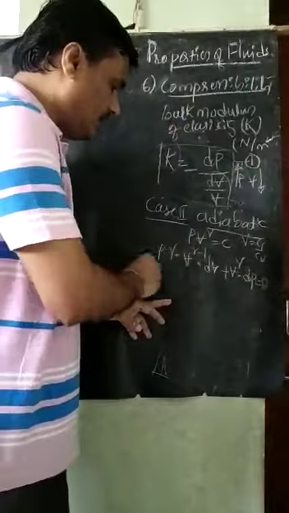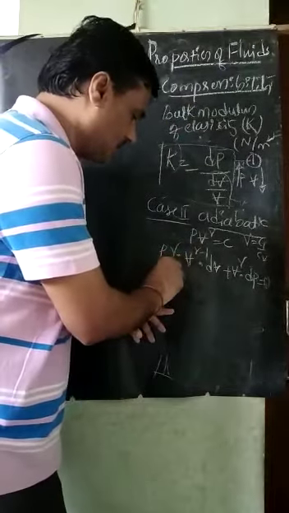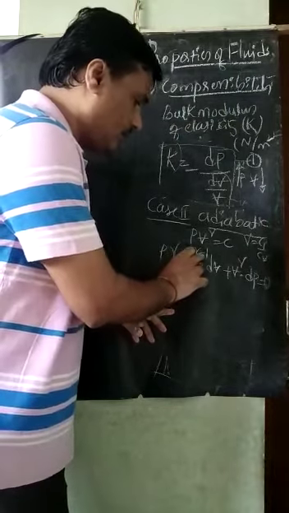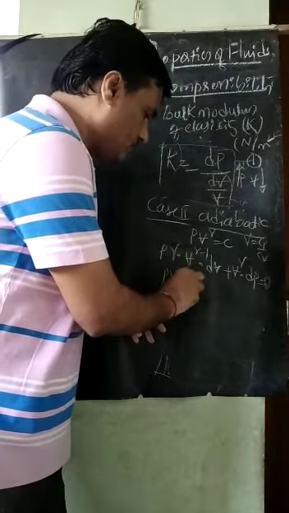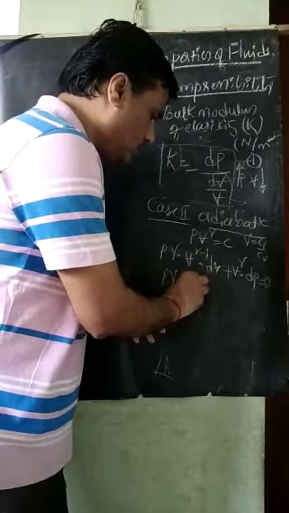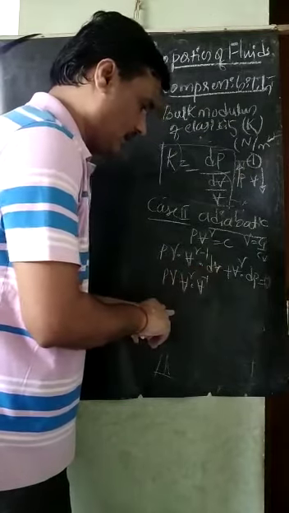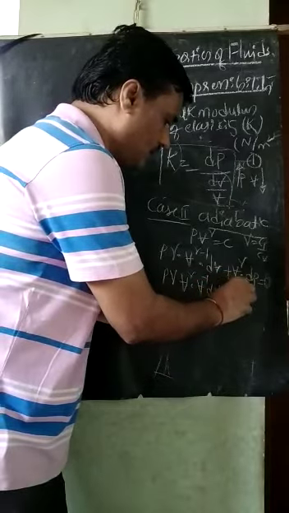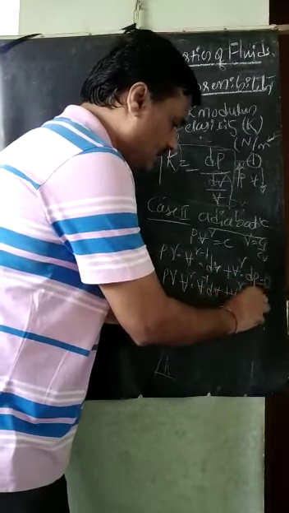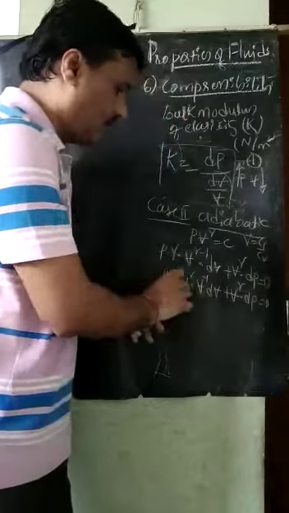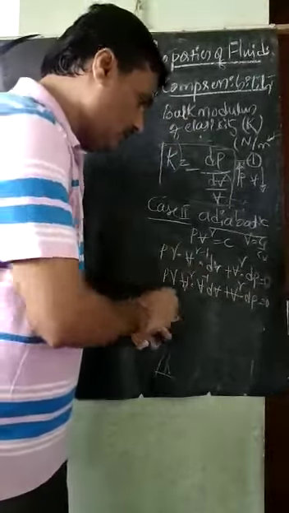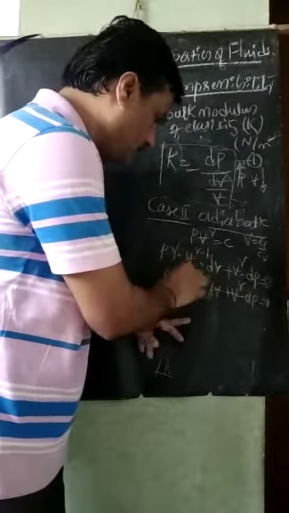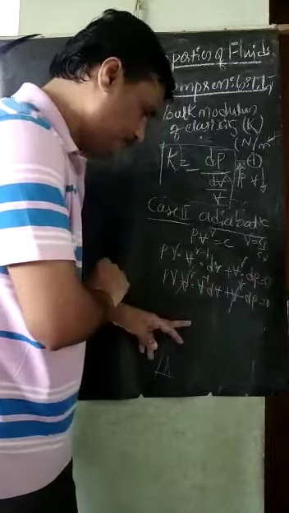Then next again I will rearrange, rewriting of this term: P into gamma, V raised to gamma into V raised to minus 1, into dV, plus V raised to gamma, as it is, dP is equal to 0. So V raised to gamma will get cancelled here.